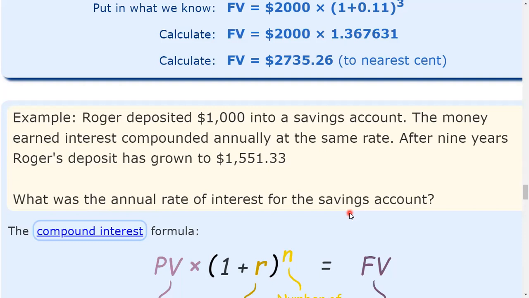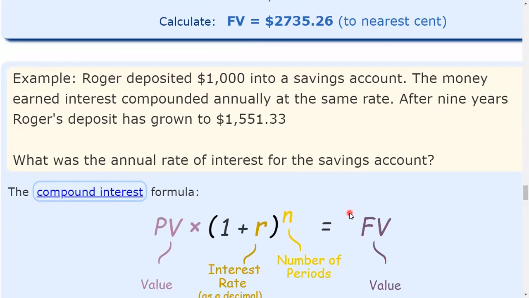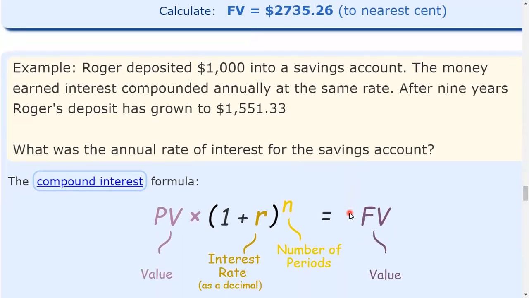The formula is also written in the picture. The same formula: future value is equal to present value multiplied by 1 plus r, the interest rate as a decimal, raised to the number of periods, the number of years n.